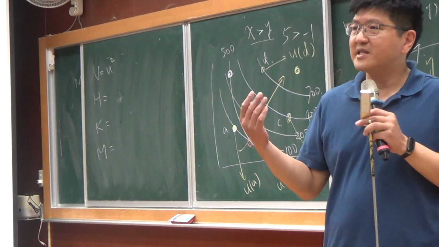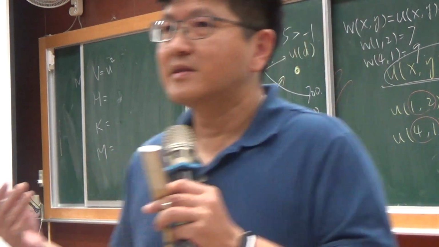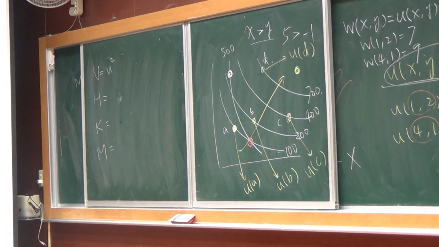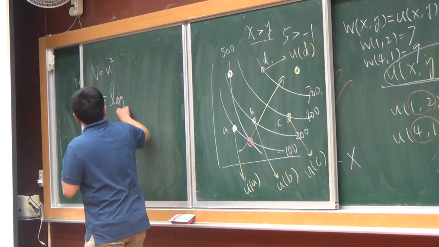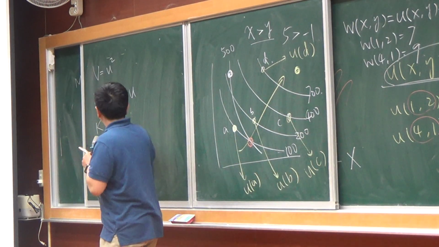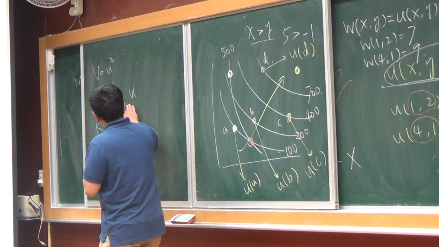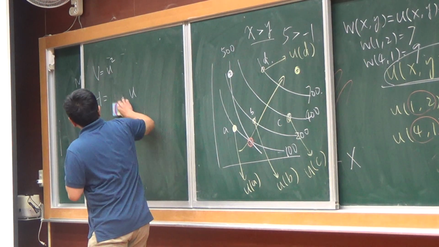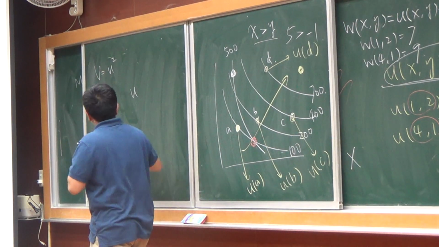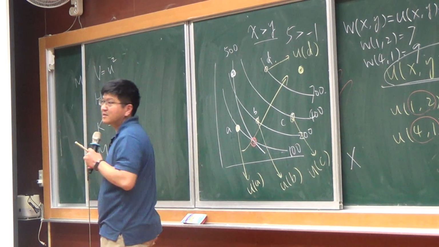Alright, give me some example. Square U. I just gave you square. Log. A log. Good. Log U. Actually, mostly we use log.